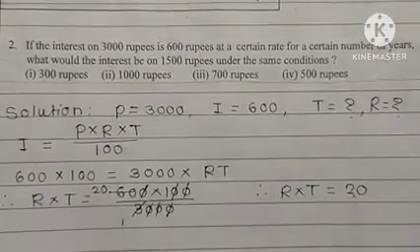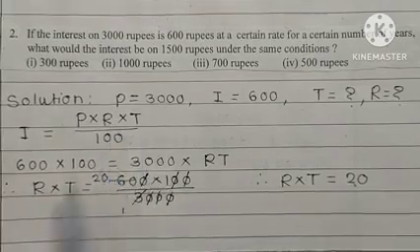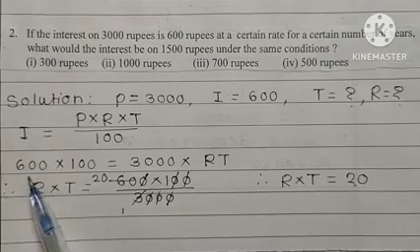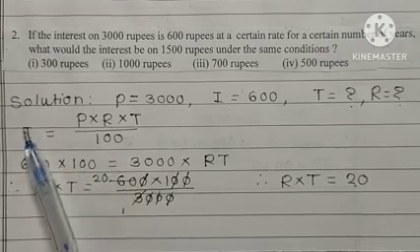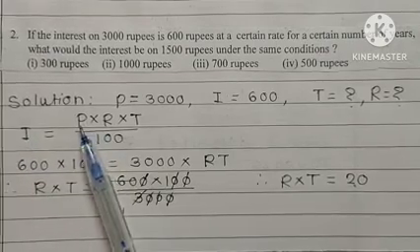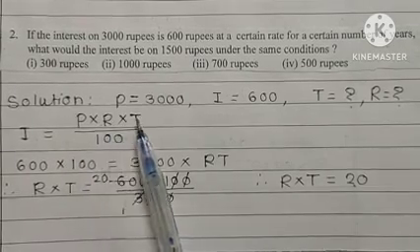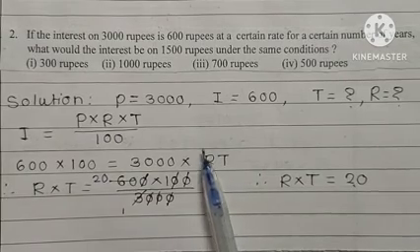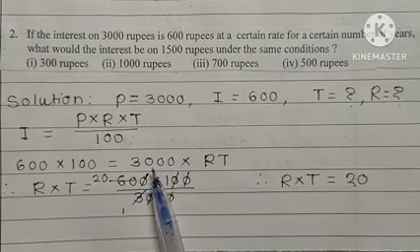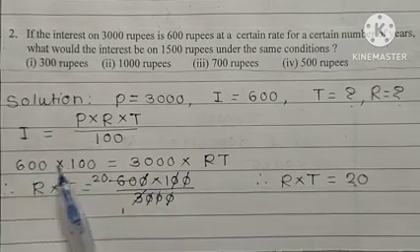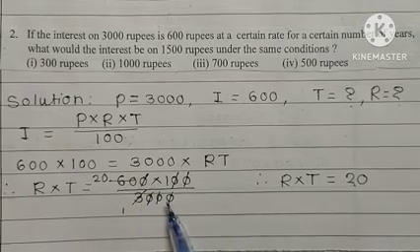Now using the formula, I is equal to P into R into T upon 100. So I 600 into this 100 and P 3000, R into T, that is RT we don't know. Now taking this 3000 in the denominator of 600 into 100, this upon 3000.